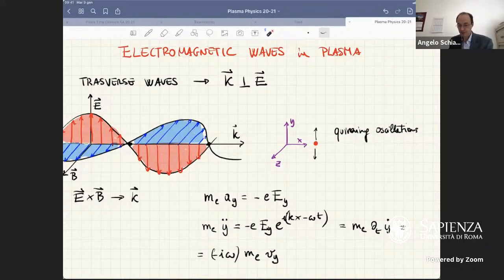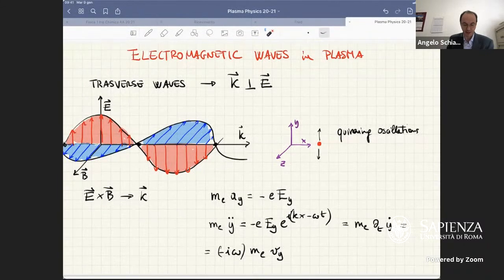Before going to that, let's analyze a little bit the contribution of the B field. So initially, the electron is at rest. It will respond to the electric field, so it will be accelerated.